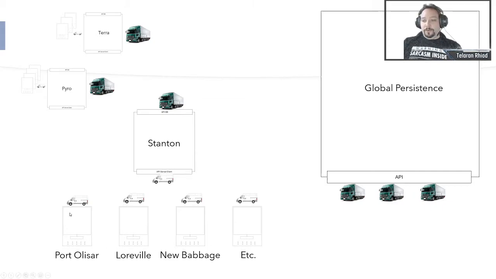So we still have some data which is important, which is on the server. For example, in Port Olisar, Lorville doesn't need to know that there are 5 rockets currently targeting you and trying to hit you, because you're in Port Olisar. So Lorville, New Babbage, they don't need to know it. So it's in the local library store, this information that currently you try to evade 5 rockets.